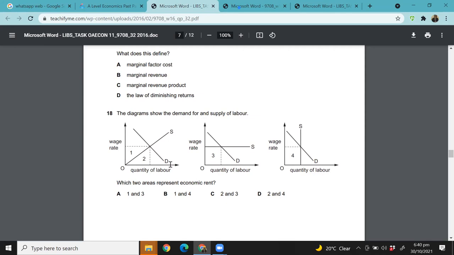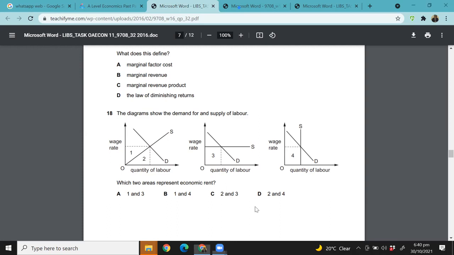What do you think is the answer? Exactly, that's B.